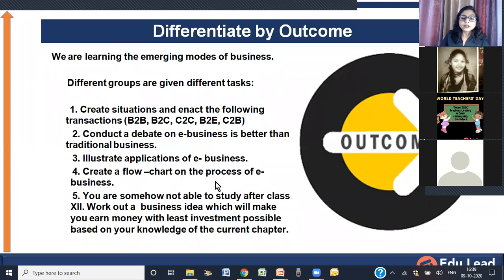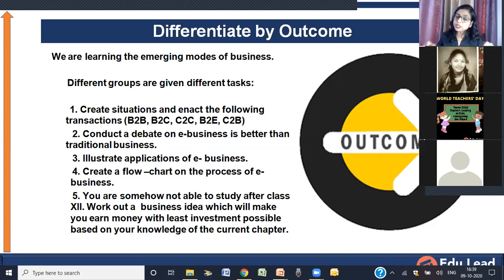Create a flow chart on the process of e-business. All those people who are very logical, so they can be given this. Work out a business idea which will make you earn money with the least investment possible based on your knowledge of the current chapter. So here this is creation of a business plan.